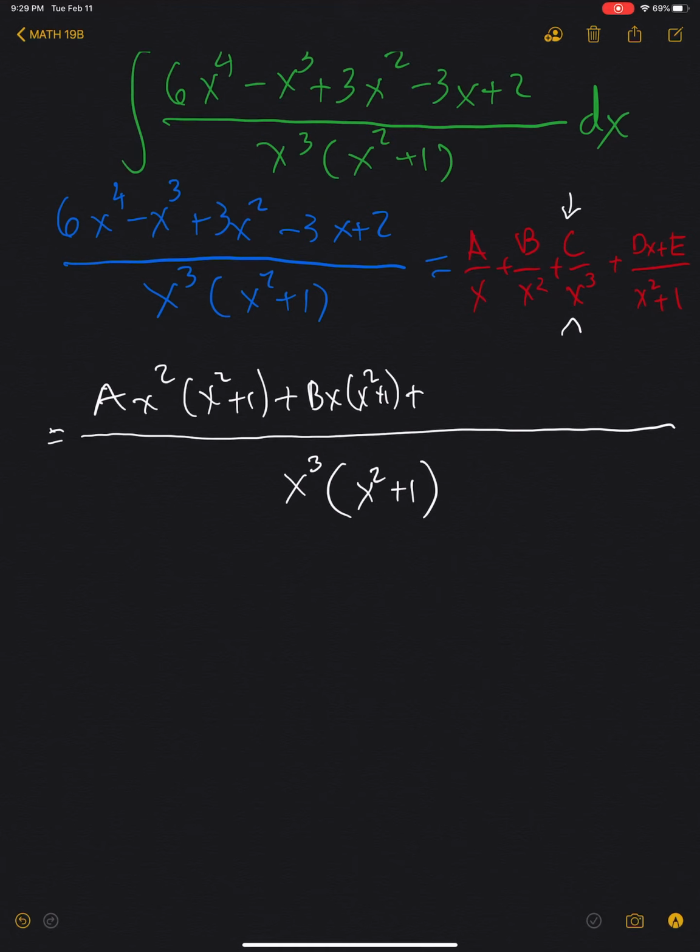That will give me a total of C times x squared plus 1. And then finally, the last part is to grab the lowest common multiple, divide by the denominator and multiply by the top. That part will give me Dx plus E multiplied by x cubed.